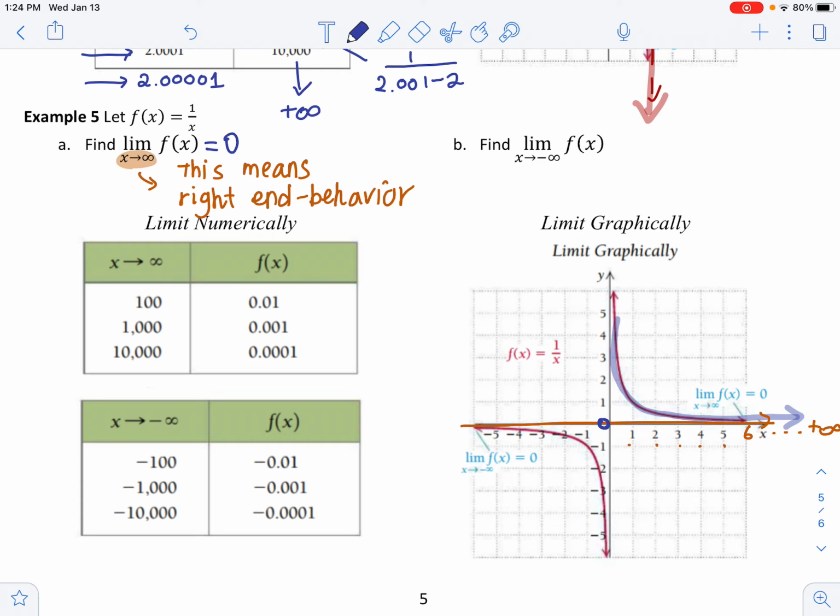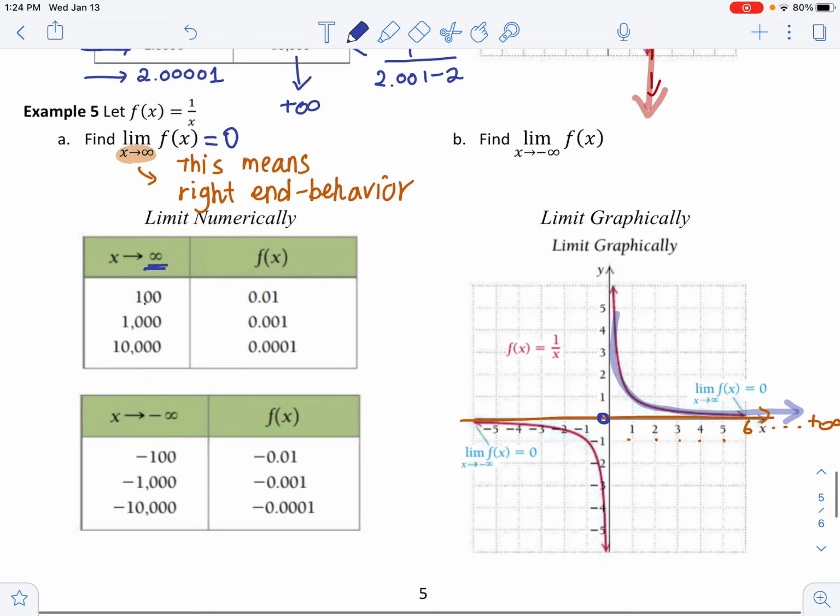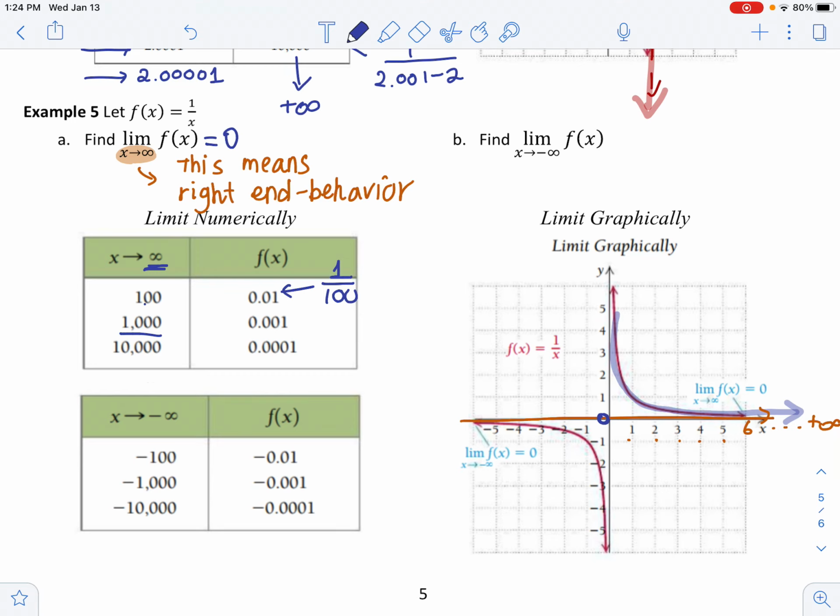But we can look at this numerically too, by plugging in some numbers if the graph is not convincing. Take a look. Let's make the x really, really big. Start from 100. 100 is already a big number. If you plug 100 into this function, you have 1 over 100, which is 0.01. Next, let's plug in a slightly bigger x value.